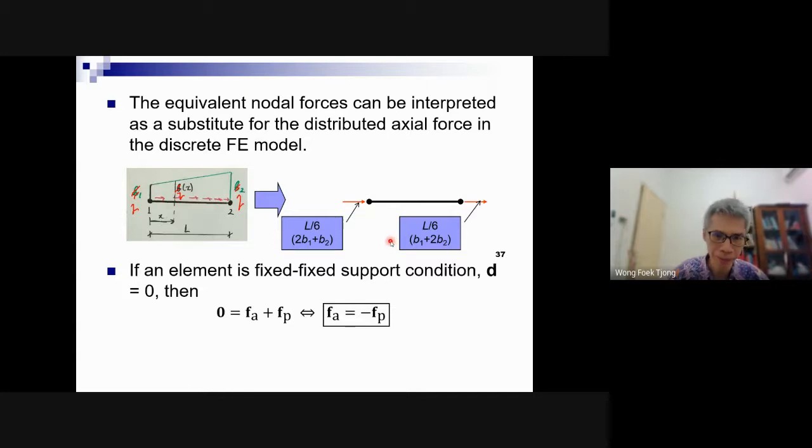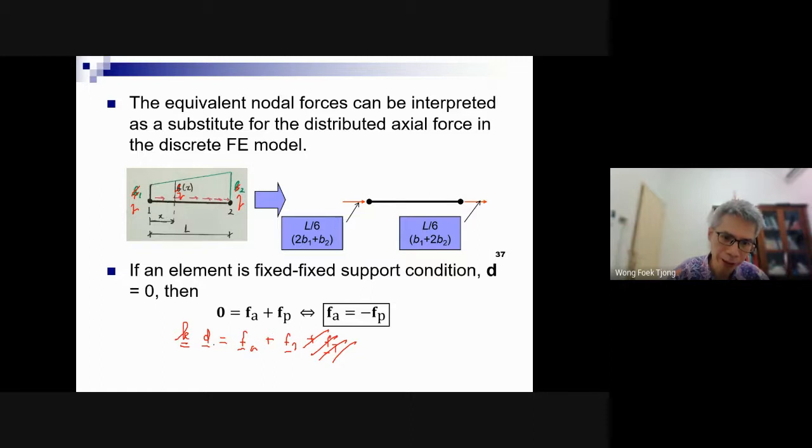Another interpretation, we know that we have these equations. Let's say there is no temperature change, right? KD equals FA plus FP, right? Plus FT. Let's say there is no temperature change, so we can drop this term.